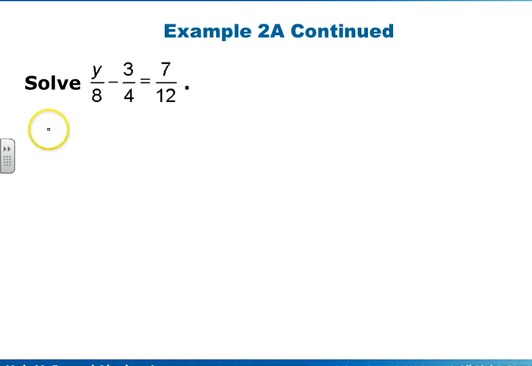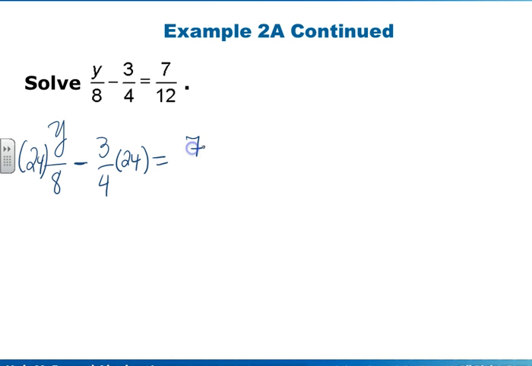So I'm going to multiply y over 8 times 24, minus 3/4 times 24, and also 7/12 times 24. That's a way for us to get rid of those fractions.